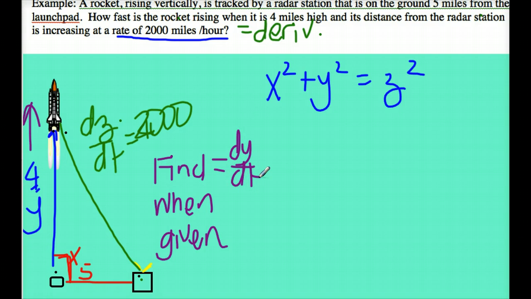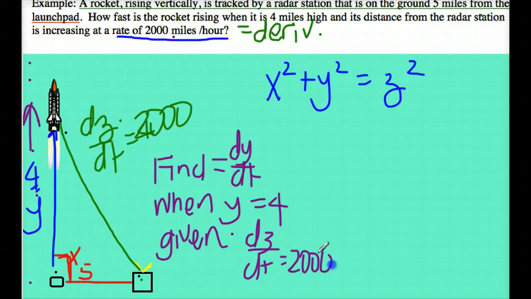I'm trying to find out how fast y is changing. When it is 4 miles high, so I need it when y is equal to 4. And its distance from the radar station is changing at this rate. So given dz/dt equals 2,000.